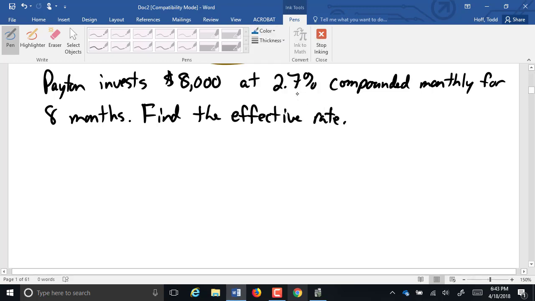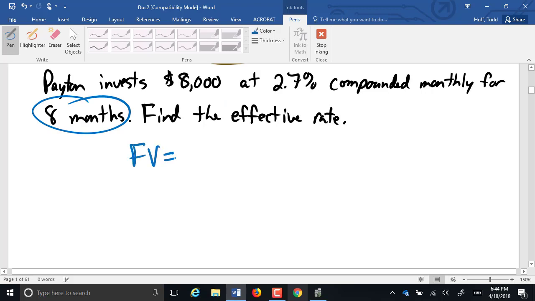So again, our first step is to find the future value. Now, is this more than a year or less than a year? Less than a year. Since it is less than a year, we will use the actual time. So the actual time is 8 months.